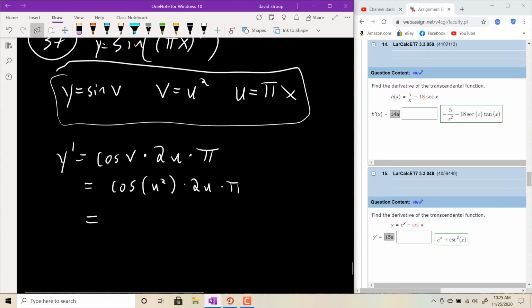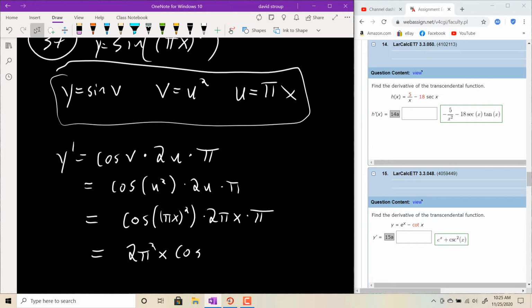So this will be cosine of pi x squared times 2 times pi x times pi. And then finally you'll get 2 pi squared x times cosine of pi x squared.